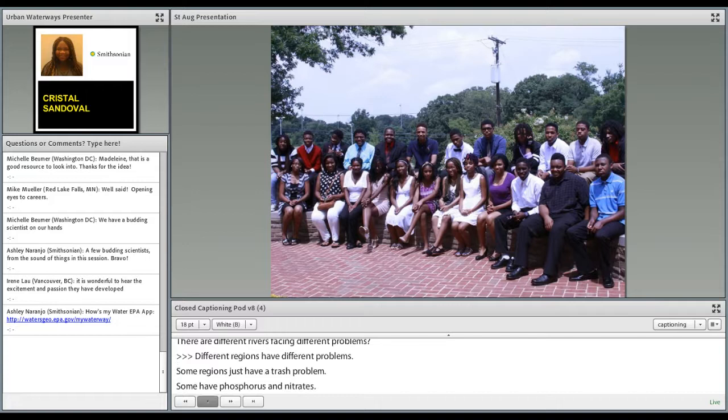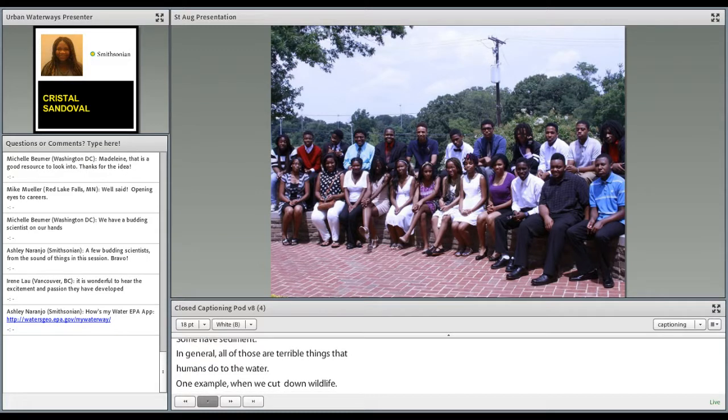One example: when we cut down on the wildlife, there's nothing to hold the soil back. So now we have excess soil, sediment in our river. It seems to go back to the domino effect that we were talking about before. Yeah, everything's a domino.